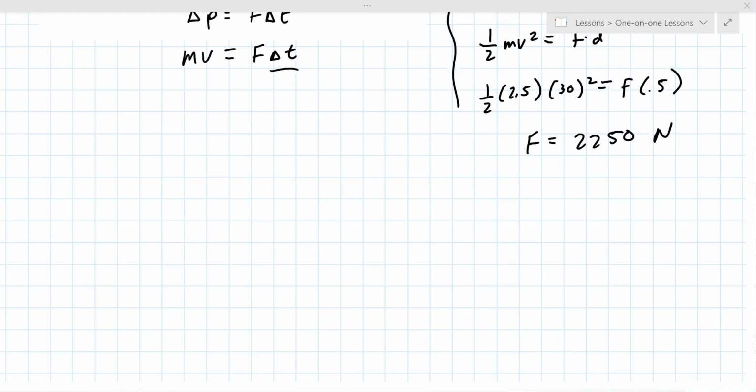This is a perfectly elastic collision. I guess that's a straight definition. The law of conservation of momentum states that the total momentum of all objects interacting with one another remains constant. So I think it's B.